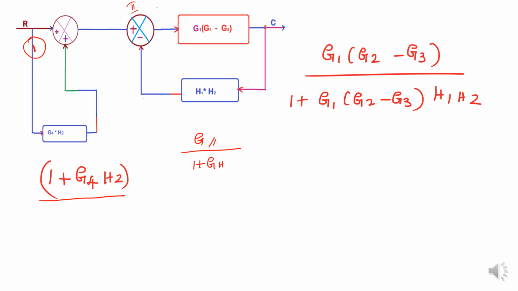Instead of G, we are having G1 into G2 minus G3, and instead of H, we are having H1 into H2. Have to substitute here. So instead of G, you have to put G1 into G2 minus G3. So 1 plus G1 into G2 minus G3 into H1 into H2.